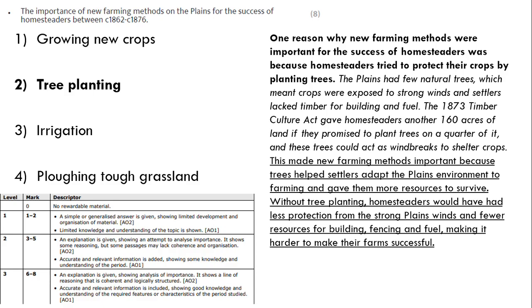This made new farming methods important because trees helped settlers adapt to the plains environment to farming and gave them more resources to survive. Without tree planting, homesteaders would have had less protection from the strong plains winds and fewer resources for building, fencing and fuel, making it harder to make their farms successful.